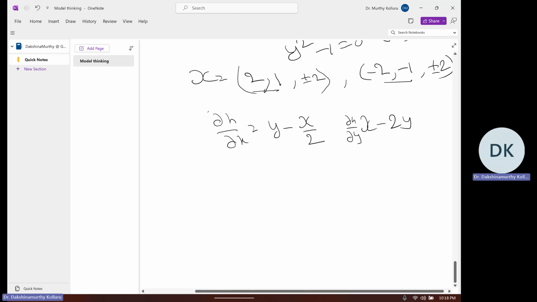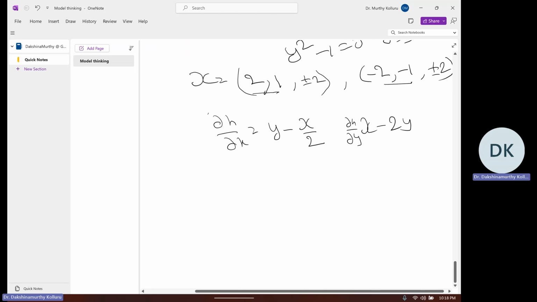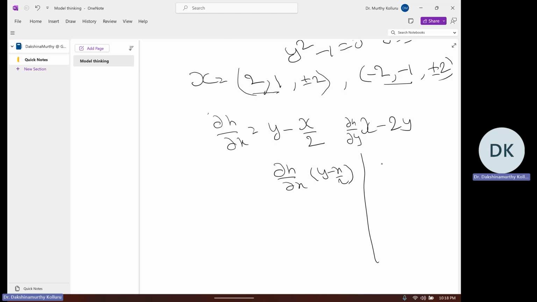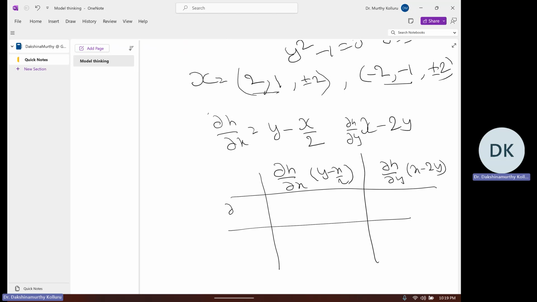Now I will need to do the Hessian, dou square h by. We know dou h by dou x, which is y minus x by 2, and dou h by dou y, which is x minus 2y. And as usual, I will do dou by dou x and dou by dou y.